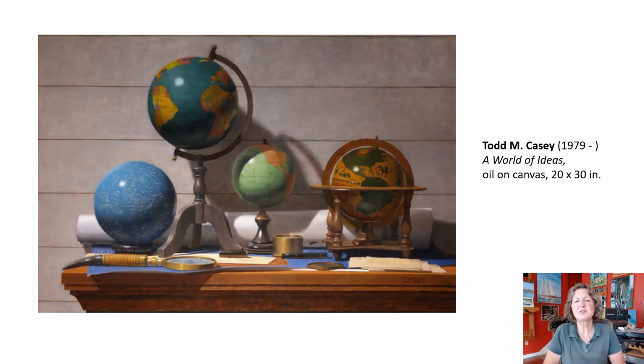And Todd Casey does a lot of this. For example, here he is calling this piece a world of ideas. And between the globes and the magnifying glass and the notes and the maps that are laid out, you can certainly start to get a feeling of a theme. And I just love this because of the different sizes and shapes. And if you're talking about composition, look at those globes.